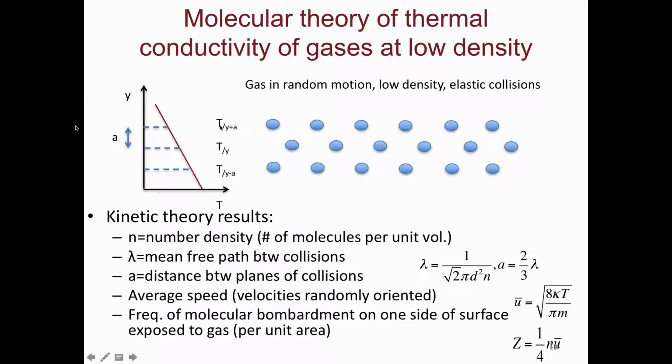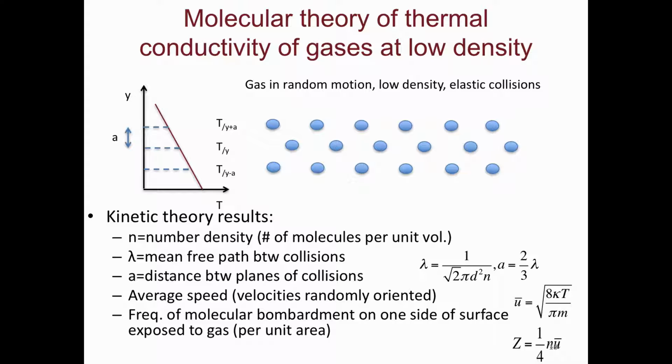So we're going to put an imaginary plane again, okay, at value y. And then I have temperature at y minus a and y plus a, where a, so whenever I have molecules bouncing around, okay, I have mean free path, which is sort of an average statistical distance between two collisions. However, that could be oriented in any way.